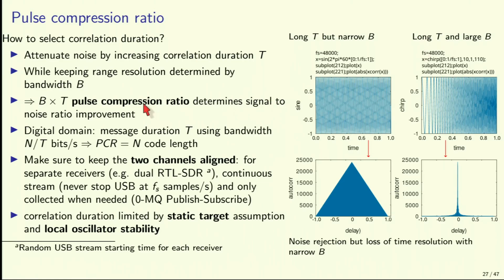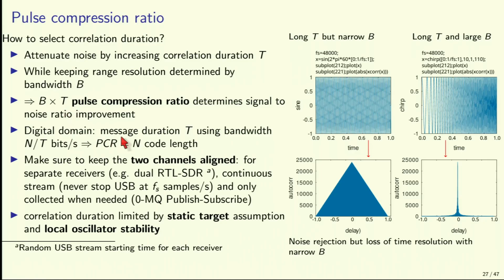And so the pulse compression ratio is the product of the bandwidth of a signal we're broadcasting multiplied by the duration of this signal that you're broadcasting. Now, the PCR in the analog time was an analog quantity, but if you think nowadays of a digital domain, well, the bandwidth is the number of bits per second that you're broadcasting, and the duration is the bit rate multiplied by the number of bits.